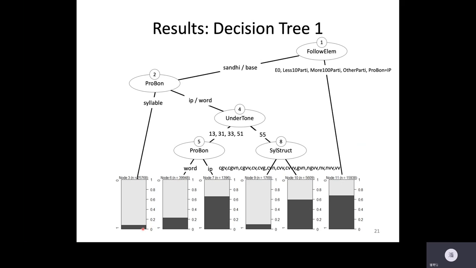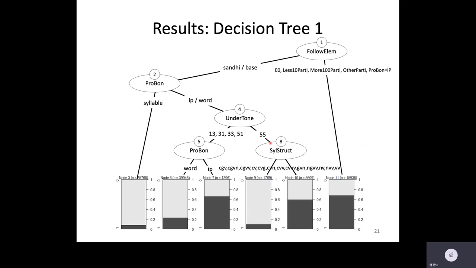The percentage of base tone increased from syllable final position to word final position, and there's an even more significant increase in intermediate phrase final positions.